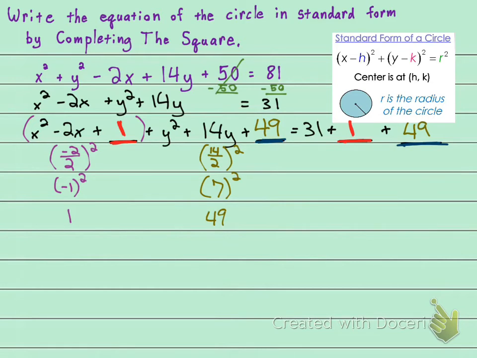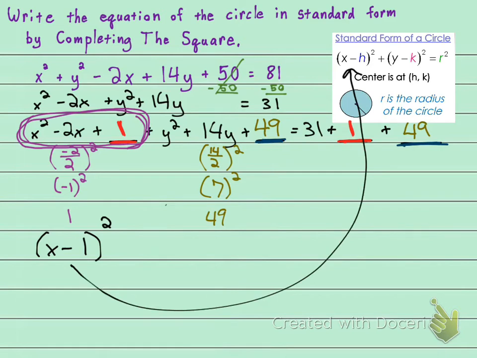Alright, now let's see what we've done. This trinomial, now you can factor it. It is a perfect square. And when you factor it, you're going to get x minus 1 times x minus 1, also known as x minus 1 squared. Looks familiar, right?